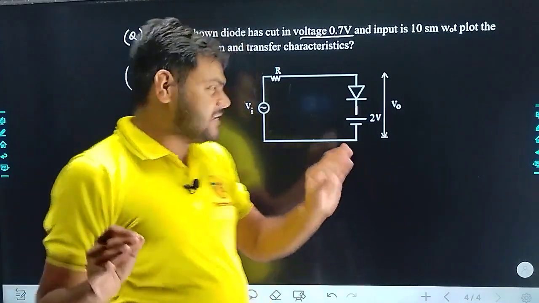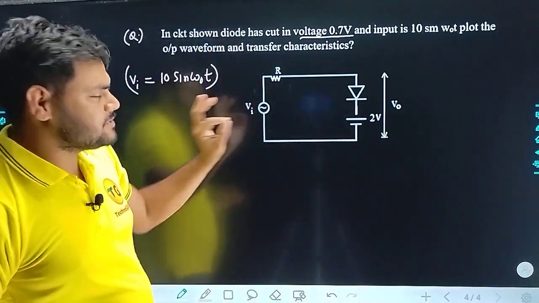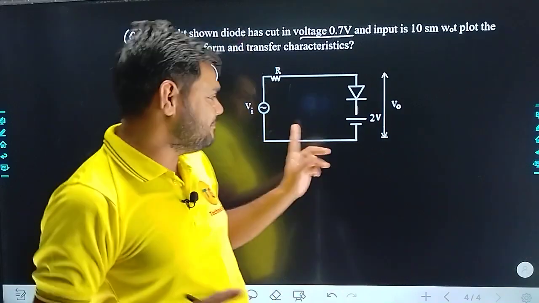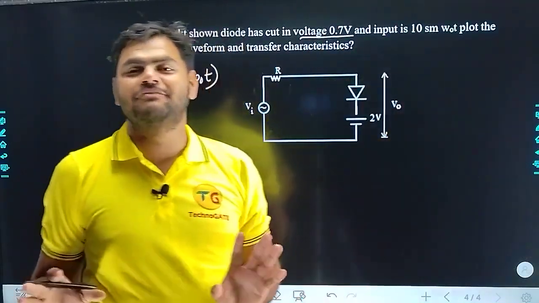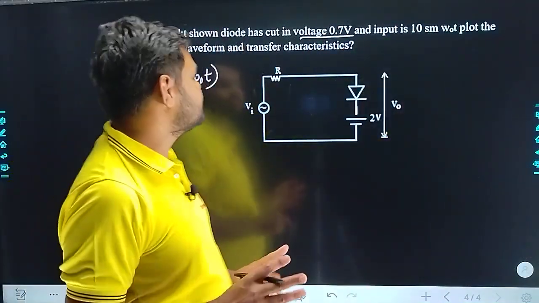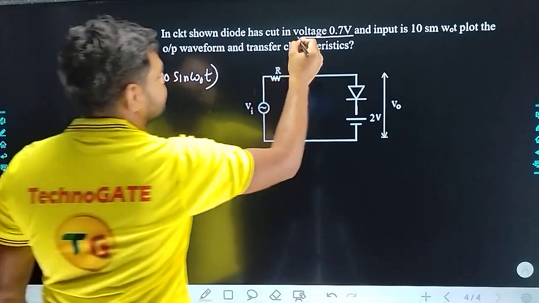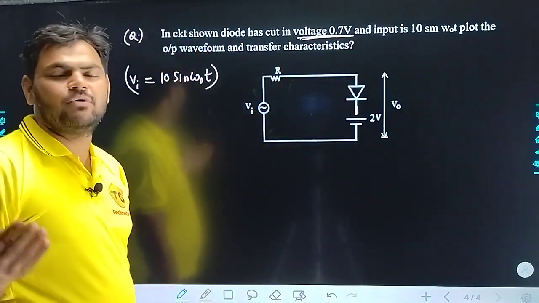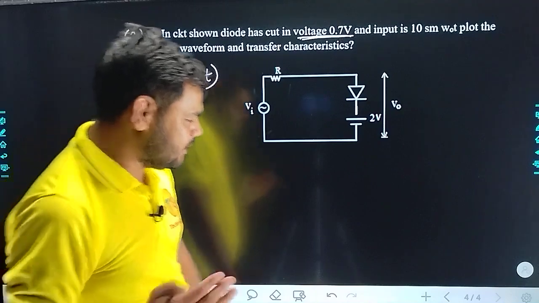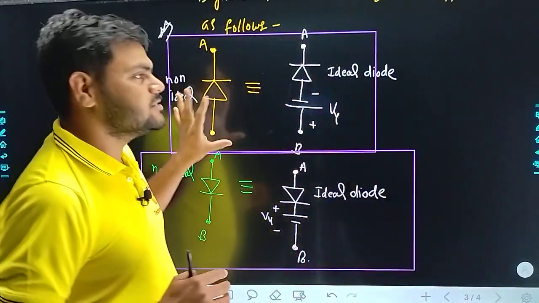I have discussed the same circuit just before, but this time the circuit is given with numerical data for you, and they have used a practical diode, guys. How the practical diode is different from the ideal diode, I have also provided this knowledge to you.